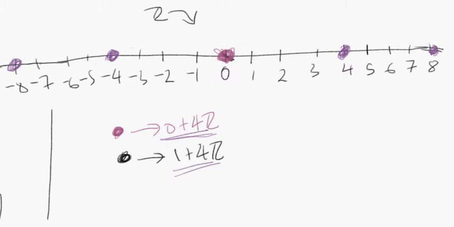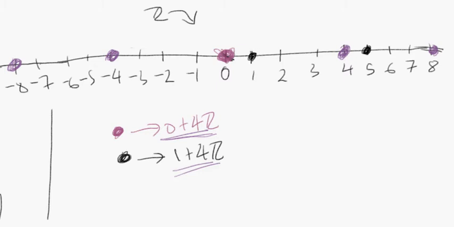Now let's think about 1 plus 4Z. What are the elements? Well, if we divide 1 by 4, we get a remainder of 1. If we divide 5 by 4, we get a remainder of 1. Which other numbers are going to work here?